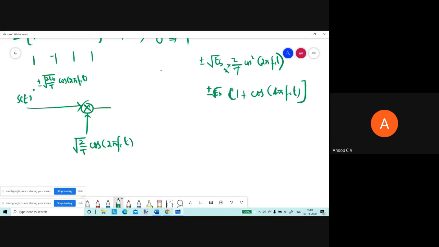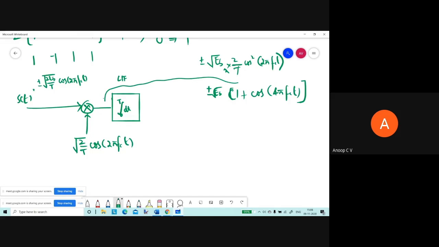After this, in coherent detection, we have an integrator which integrates over a bit duration. This integrator is equivalent to a low pass filter.